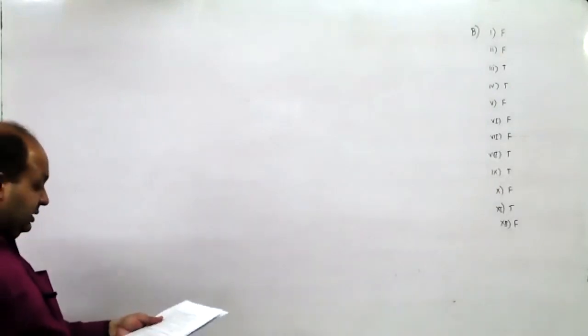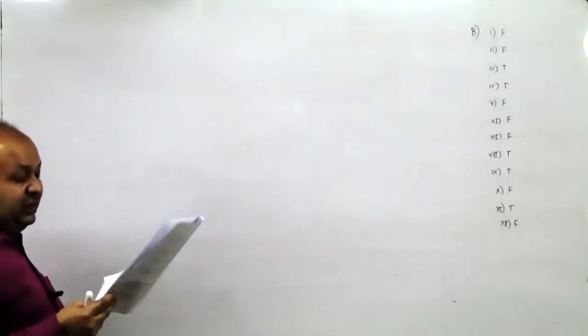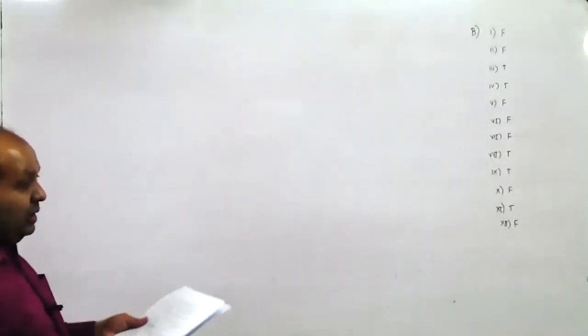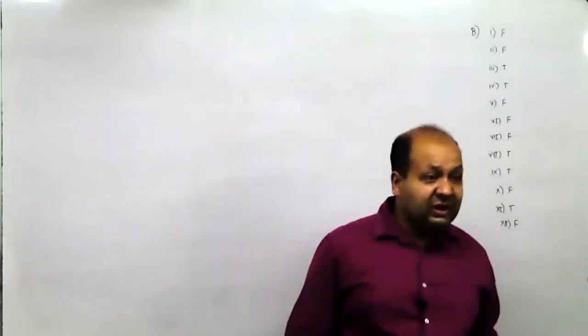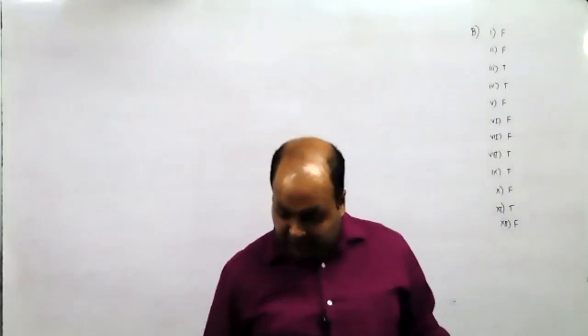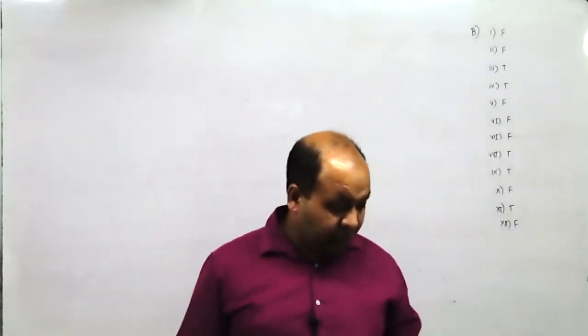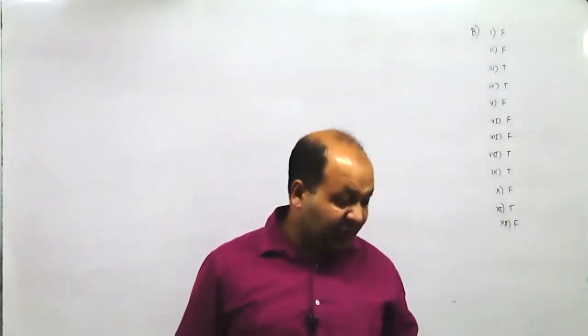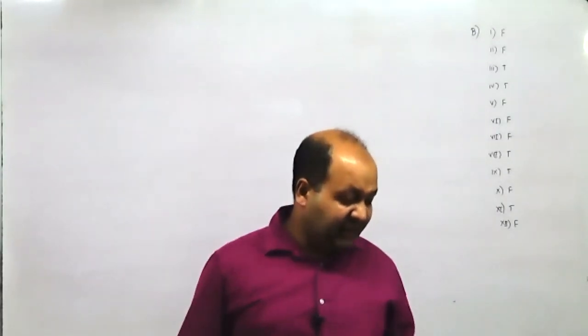Next, fill in the blanks. The variables involved in LPP are called as what? Variables are not called constraints. Variables involved are called as what? So decision variables. Okay, I don't know about that. Are they called decision variables? Yes, so behind it's given that. Yeah, then it should be right.